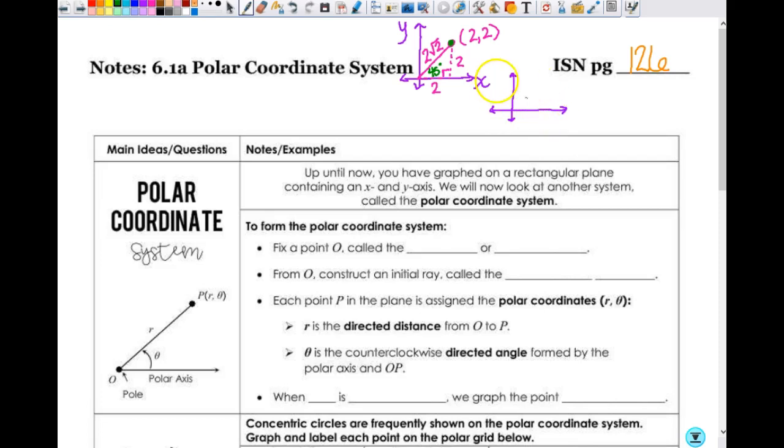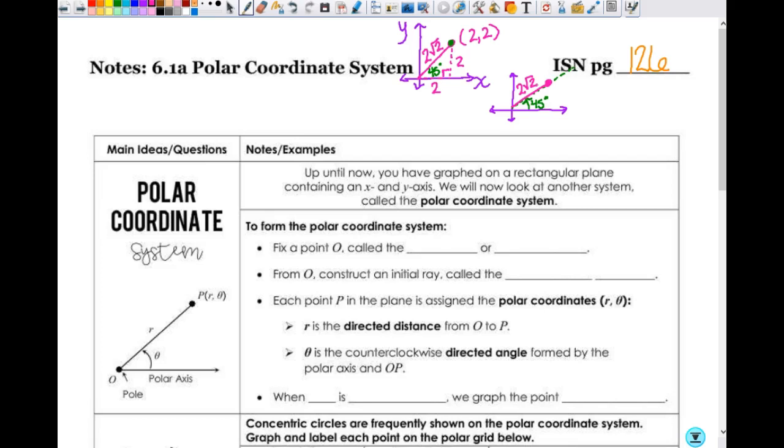And I could rotate 45 degrees. So here's the 45-degree angle here, right? And then on that 45-degree angle, I could go out a distance of 2 square root of 2. Wouldn't that get me to the exact same point without using rectangular coordinates, right?